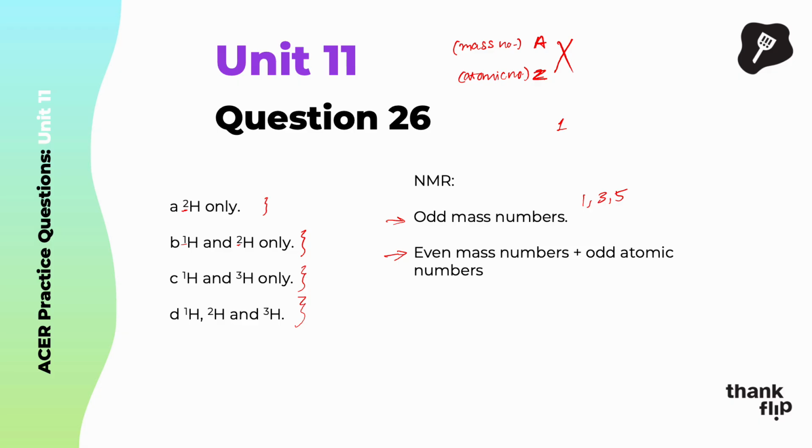If you have even mass numbers, you might get NMR if you have an odd atomic number, which you do. So it doesn't really matter in this case whether the mass numbers are odd or even, because the fact that you have an odd atomic number means that it's always going to exhibit NMR. So then the answer is D.